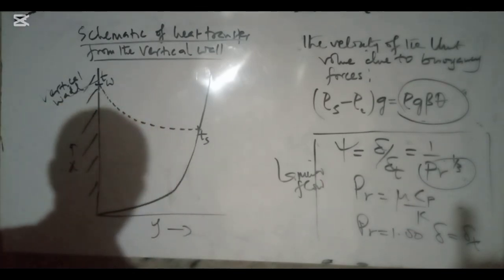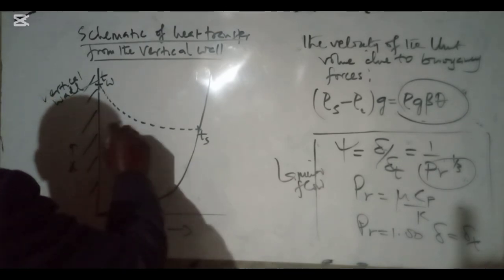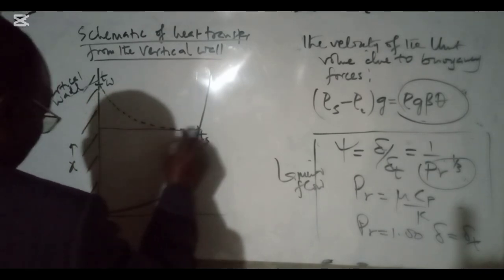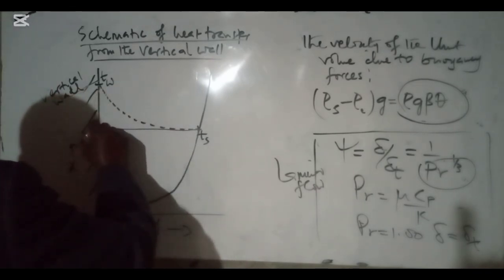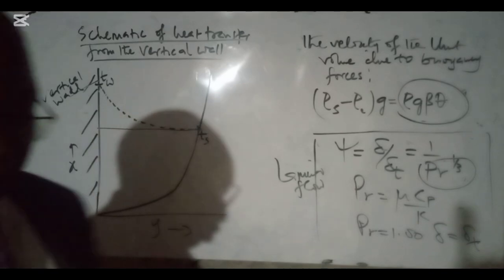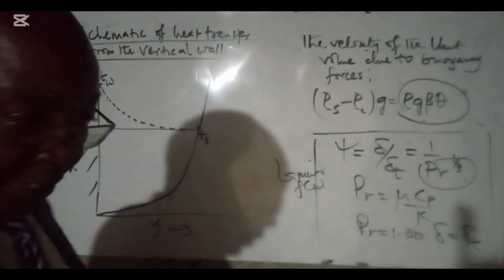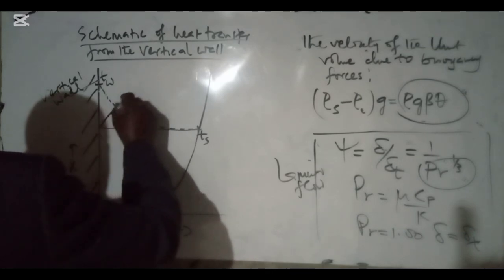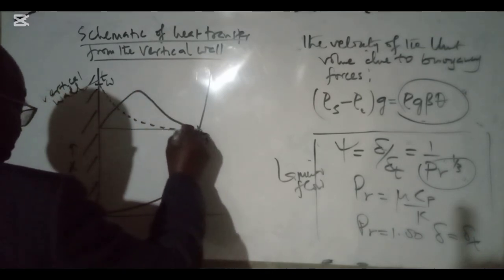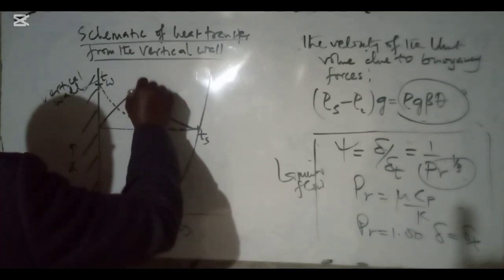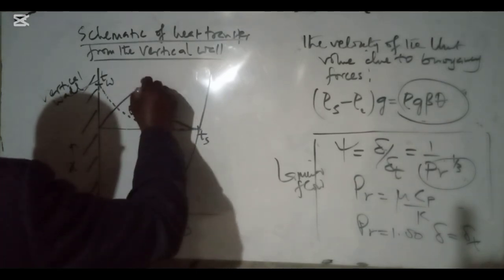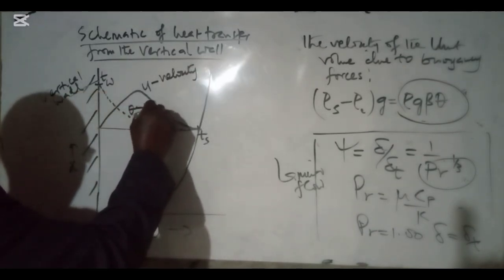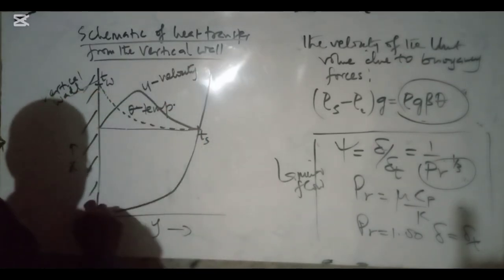And in terms of velocity, the velocity profile will be 0 at the wall. Don't forget, we talk of the no slip condition. We expect it to be a maximum and then be 0. So this is velocity, U is velocity, and that is temperature. So we expect there to be some maxima.